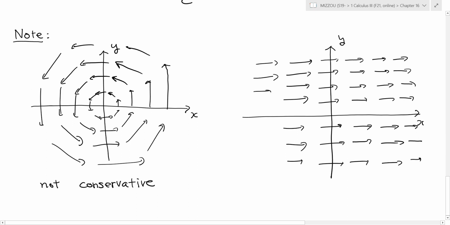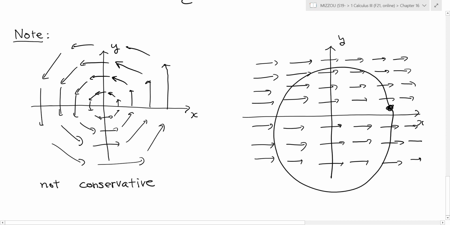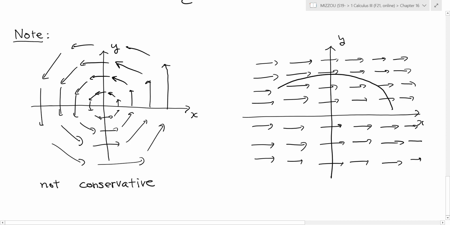You dip your finger somewhere on the surface of the swimming pool, you move around, and you come back. When you are moving this way, the water is flowing against you. But when you come back, the water is with you, in the same direction as your movement.